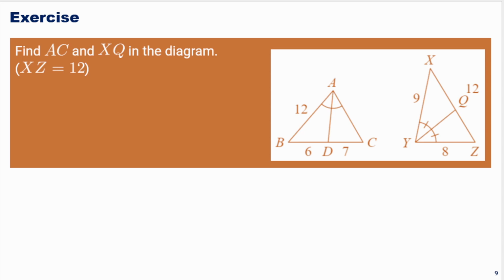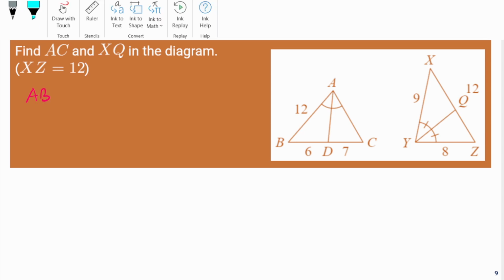Because of the time constraints, it's better to have a look at the questions together now. From the angle bisector theorem, we can apply it to triangle ABC first.